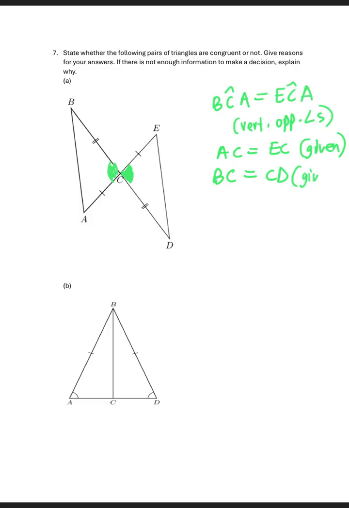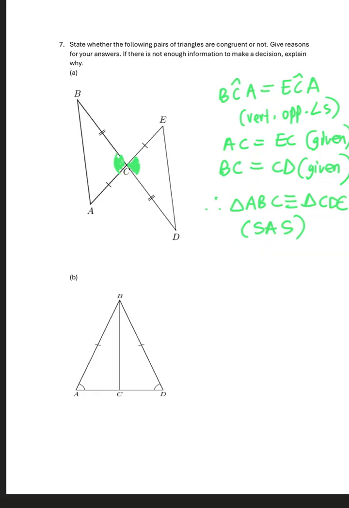It's also given. And they are also corresponding sides. Therefore, we can make a triangle ABC is congruent to CDE. And then the reason will be side angle side.